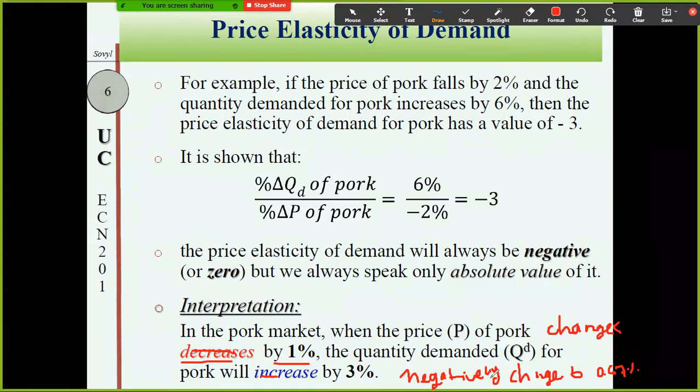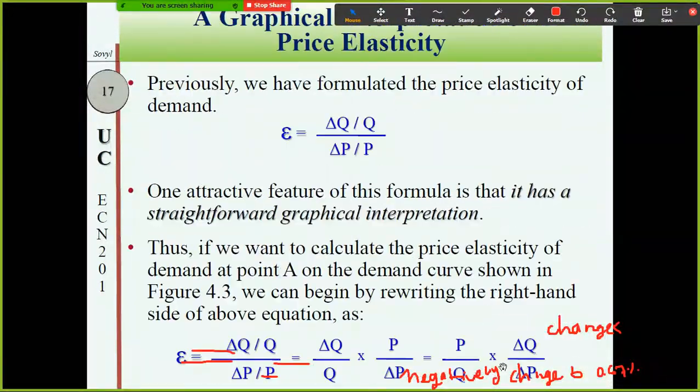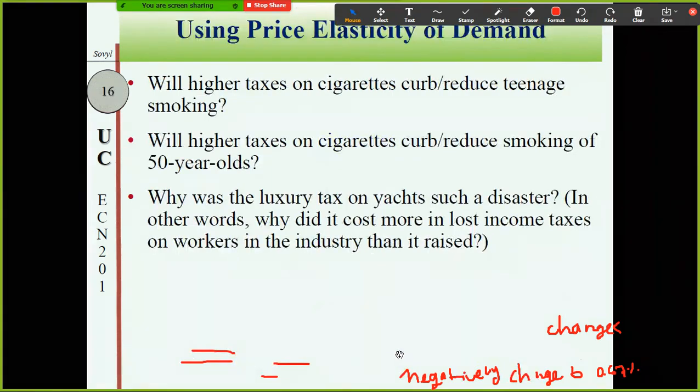Why negatively change? Because the result is negative. Okay, the result is negative. That's why negatively change by 0.67.